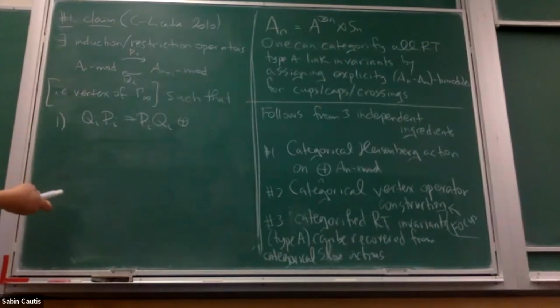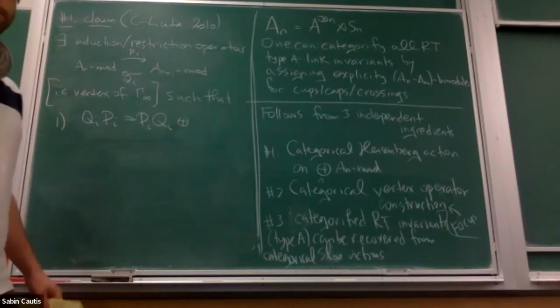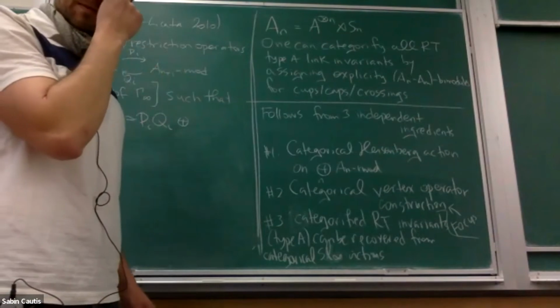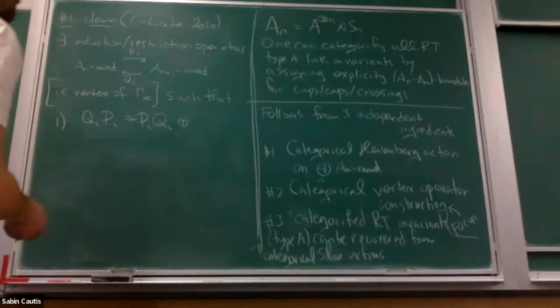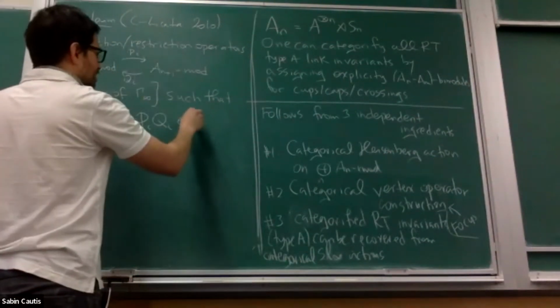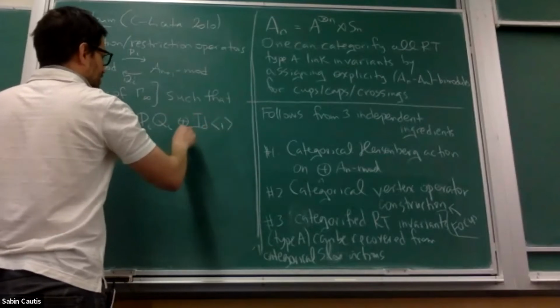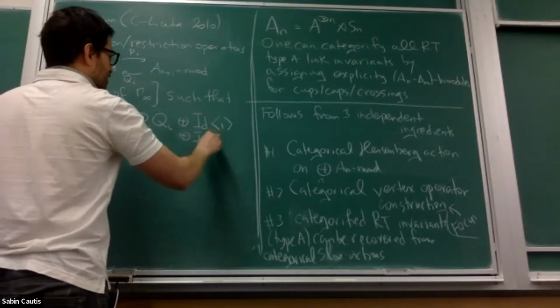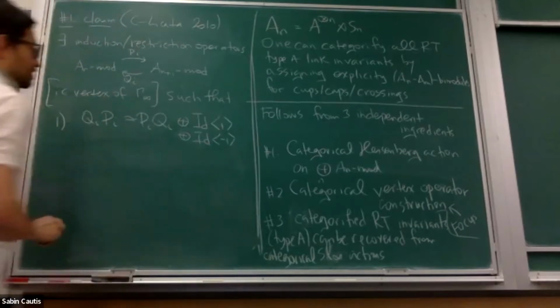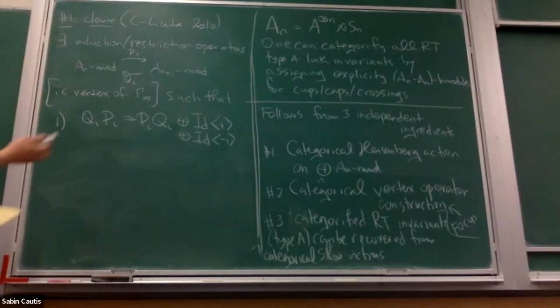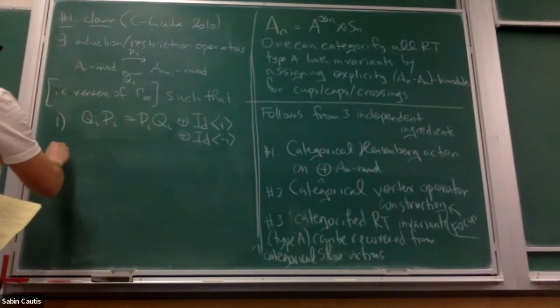So I'm going to include the gradings because it's so simple to include them, and I think in some contexts it might actually help you. But if it doesn't, then just ignore them. So here you get 2 copies of the identity, and they're not in the same degree. They're shifted by 1 or -1. Okay, that's not so important, but this way at least I have an exact relation with the board.